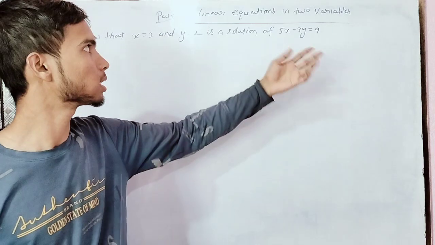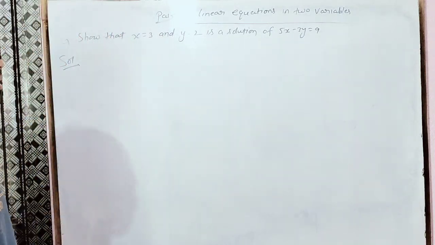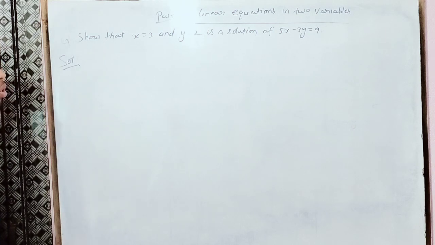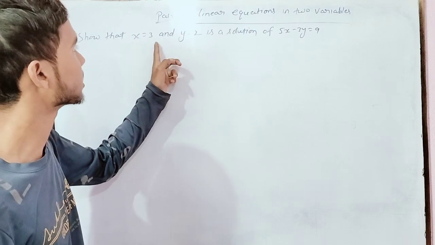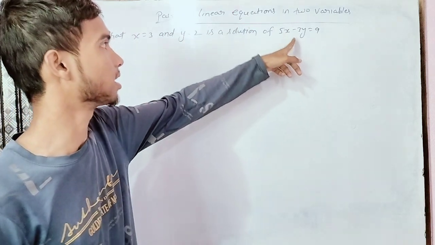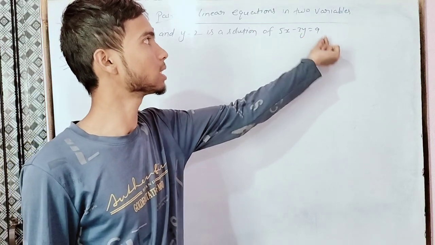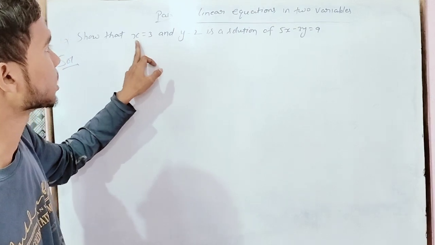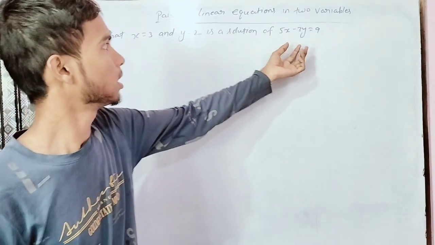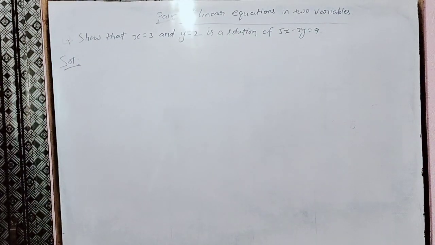We can't say that this is a pair. This is only one linear equation. So we have to show that when we put x as 3 and y as 2 in this linear equation, then this side will be equal to this side. Then we can say yes, after substituting, it is a solution of x and y.